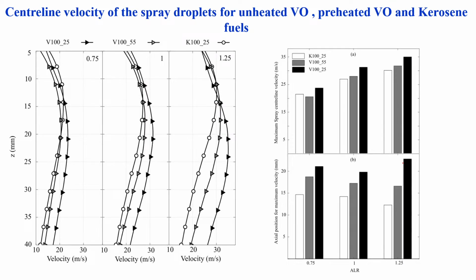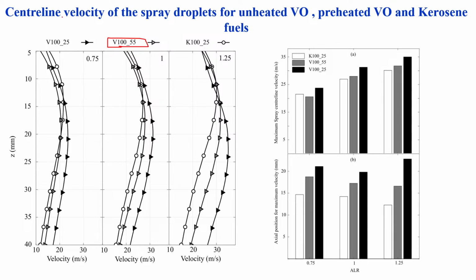The same applies with respect to the preheating temperature. We performed preheating of the vegetable oils also to understand the spray characterization. As preheating increases, we can bring down the spray droplet diameter, similar to kerosene. Here we can see two plots for the preheating.